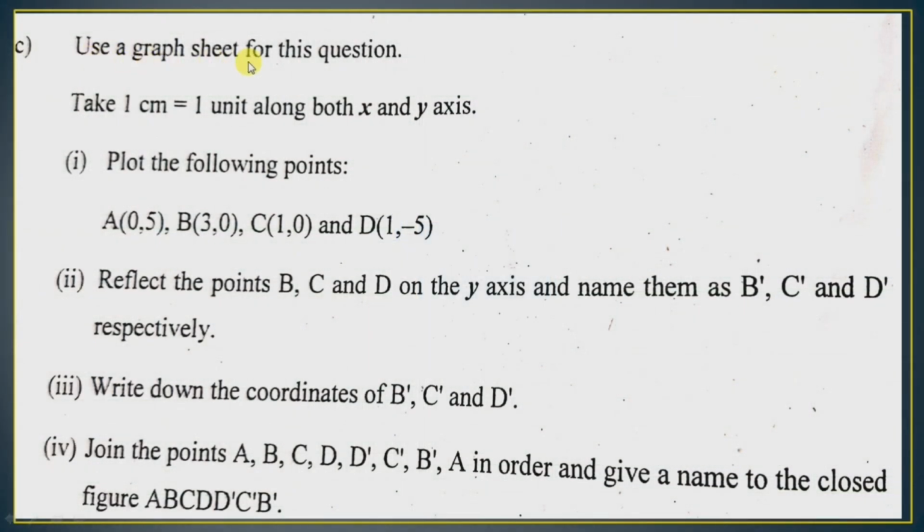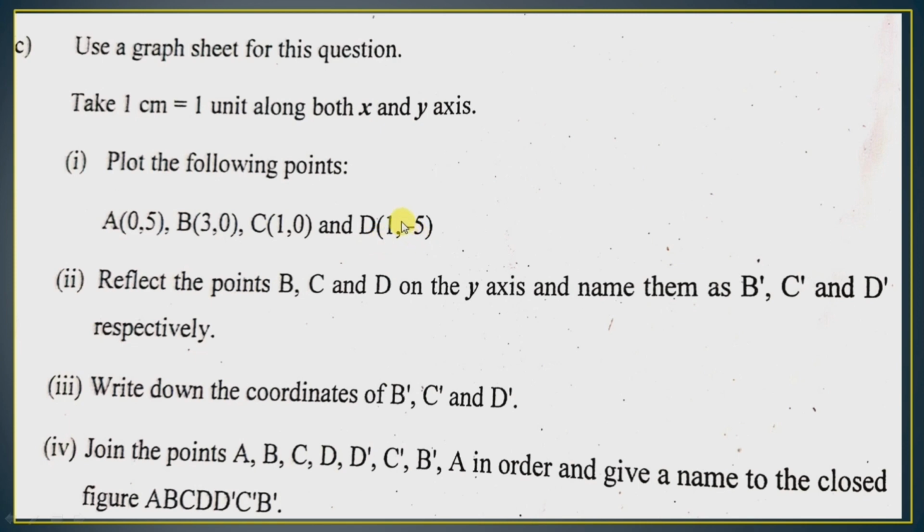Use a graph sheet for this question. That means we need to solve problems of reflection on a graph sheet. Take 1 centimeter equals 1 unit along both the x and y axes. Sub-question number 1, plot the following points: A(0, 5), B(3, 0), C(1, 0), and D(1, -5).